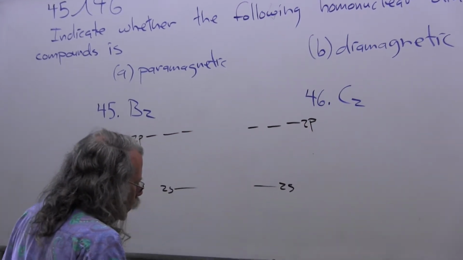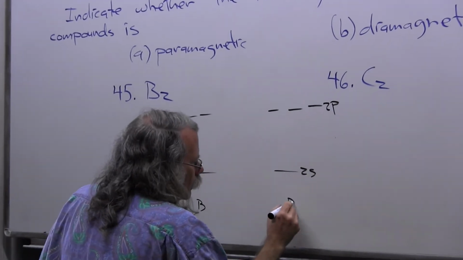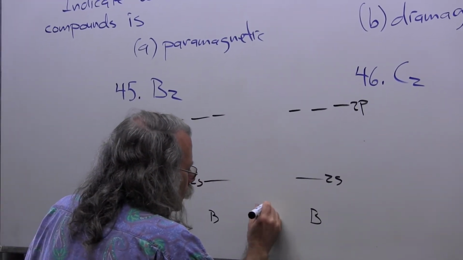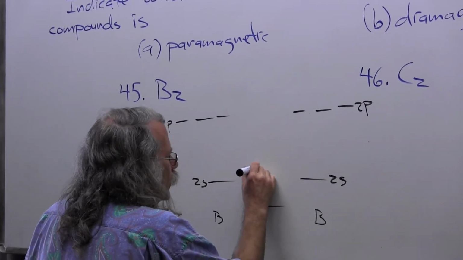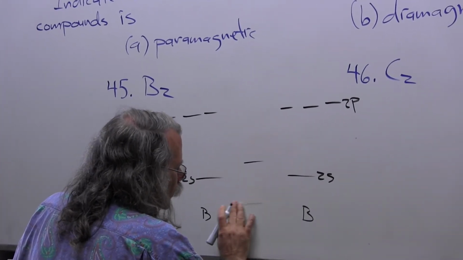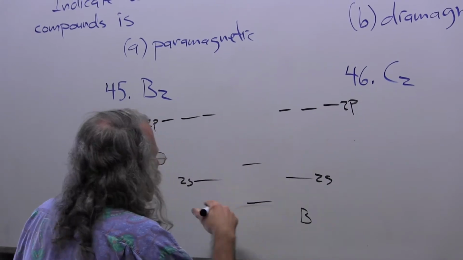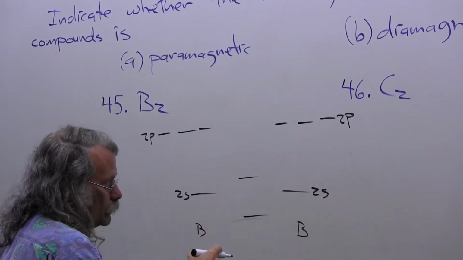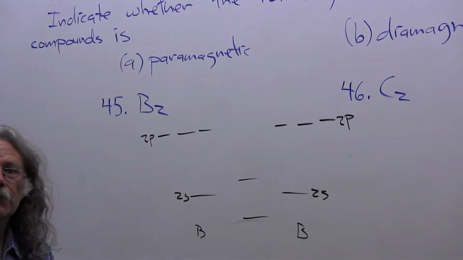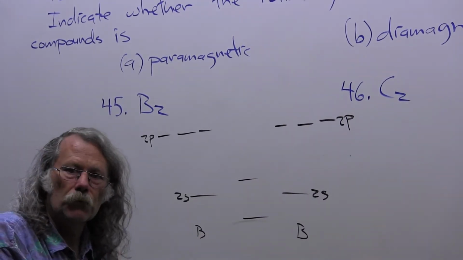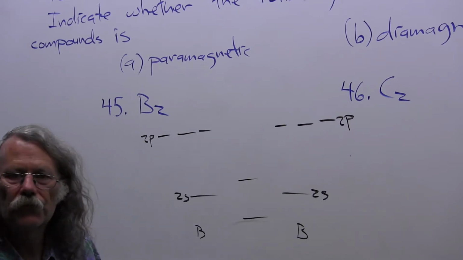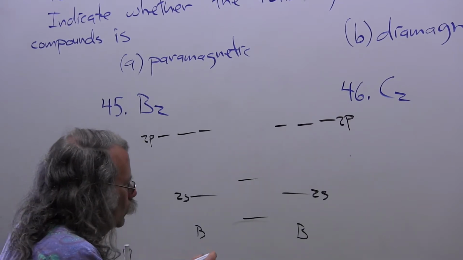I start with the atomic orbitals, the parent atomic orbitals for boron, and I'm going to have familiar combinations. The number of orbitals is always conserved. I have 5 orbitals with each atom, so I'm going to have 10 molecular orbitals. So the same number of molecular orbitals are going to be there that were present in the atomic orbitals.